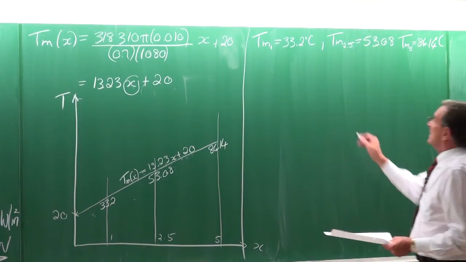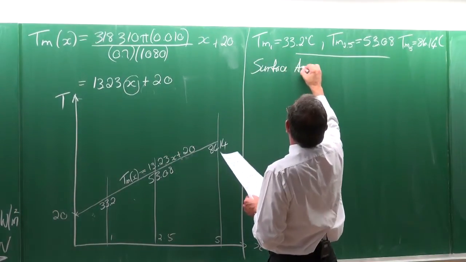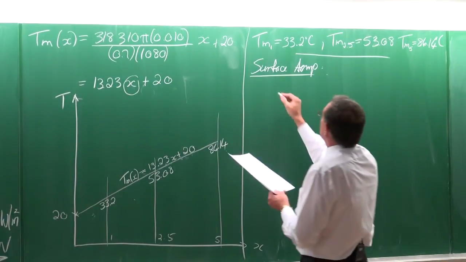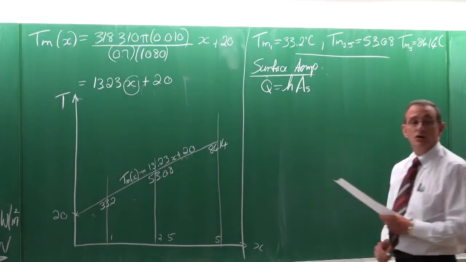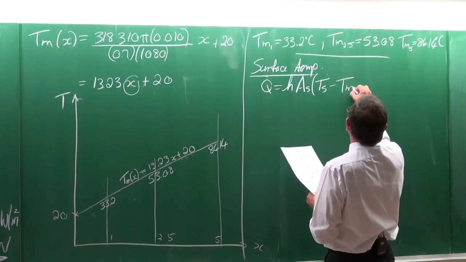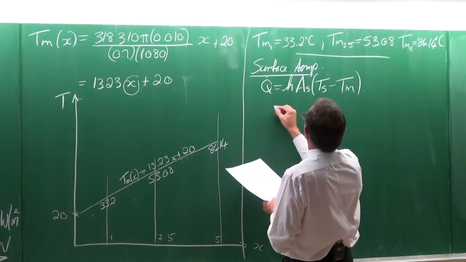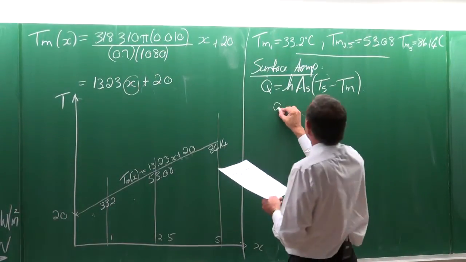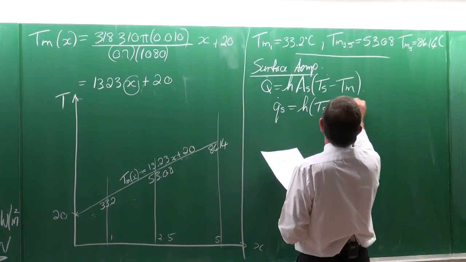Okay. Now let's go to the surface temperatures. The heat transfer rate is equal to the heat transfer coefficient multiplied by the surface area multiplied by Ts minus Tm in general. We can divide by the surface area, then we get that the heat flux is equal to the heat transfer coefficient multiplied by Ts minus Tm.